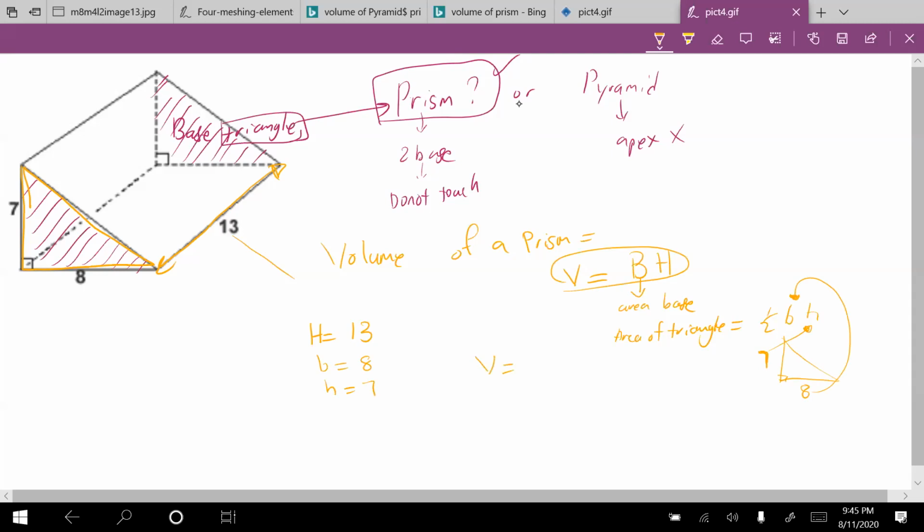We know V equals B times H, and the area of a triangle is half b h. So let's substitute our values. Now we have half of 8 times 7 times 13. So half of 8 is 4.